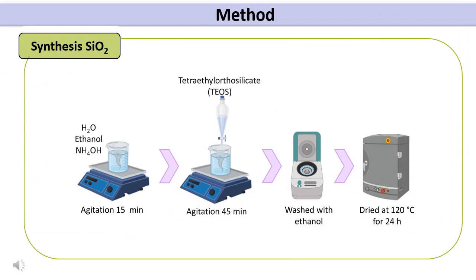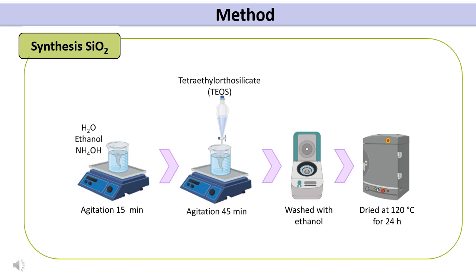All chemical reagents were of analytical grade, used without any further purification. For the synthesis of silicon oxide particles, we prepared a solution of ethanol, water, and ammonium hydroxide under agitation for 15 minutes.